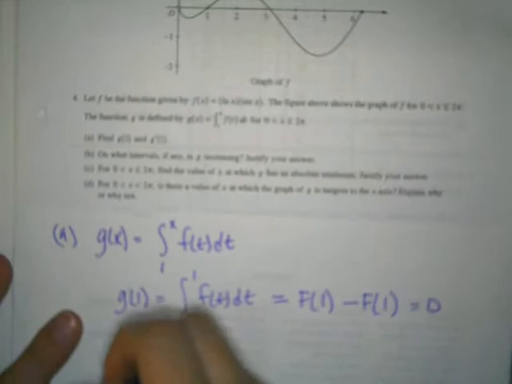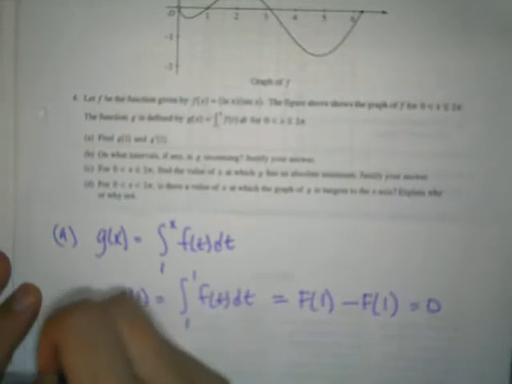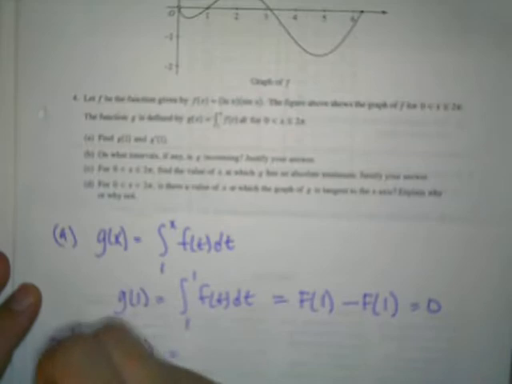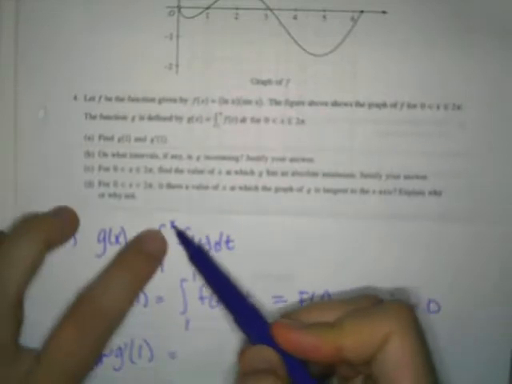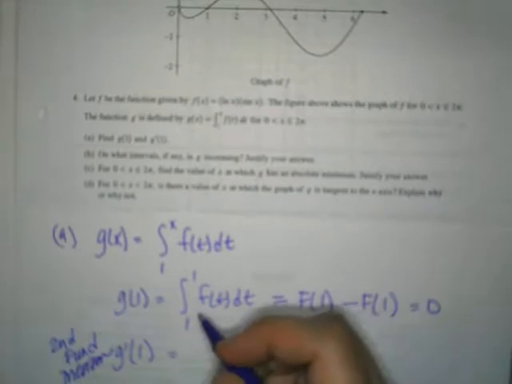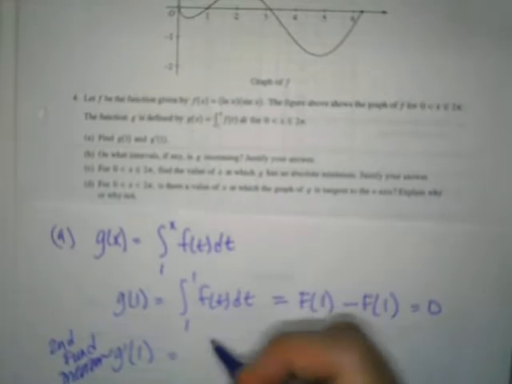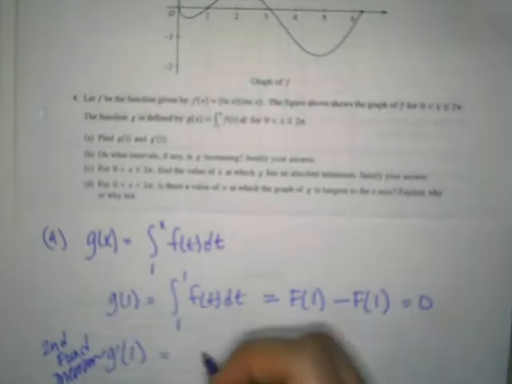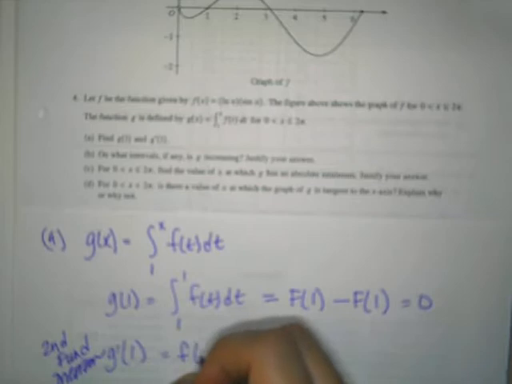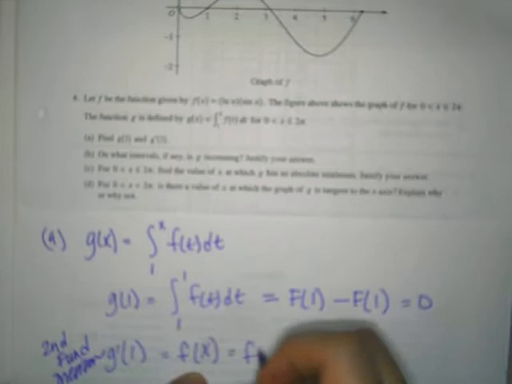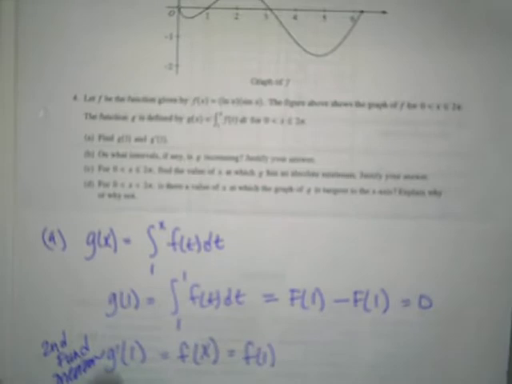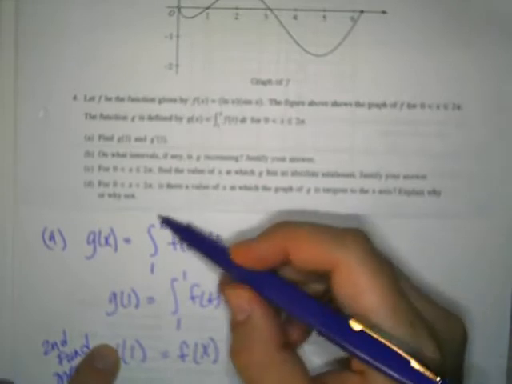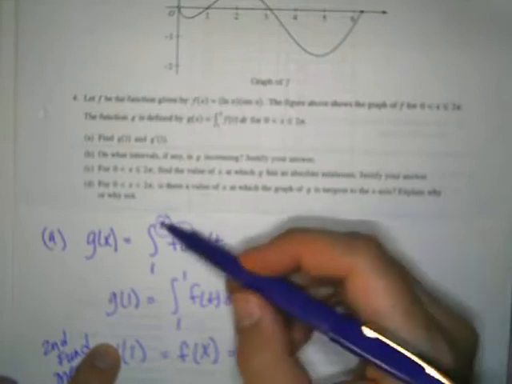G prime of 1, however, is the second fundamental theorem. So that's taking x and plugging it in, and then taking the derivative. So g prime of 1 would equal f of x, or f of 1, because g prime would be f of x because you plug the upper bound in and then multiply by 1, which is the derivative of the upper bound.